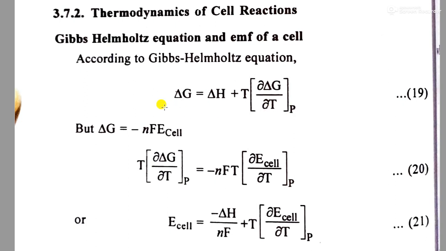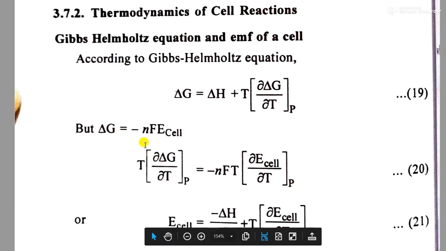Okay, so in this equation we are substituting the value of delta G. Delta G, we know that it is minus nFE of a cell. So we take the expression for T into dou by dou T of delta G at constant pressure is equal to minus nF into T into dou by dou T of E of a cell at constant pressure.